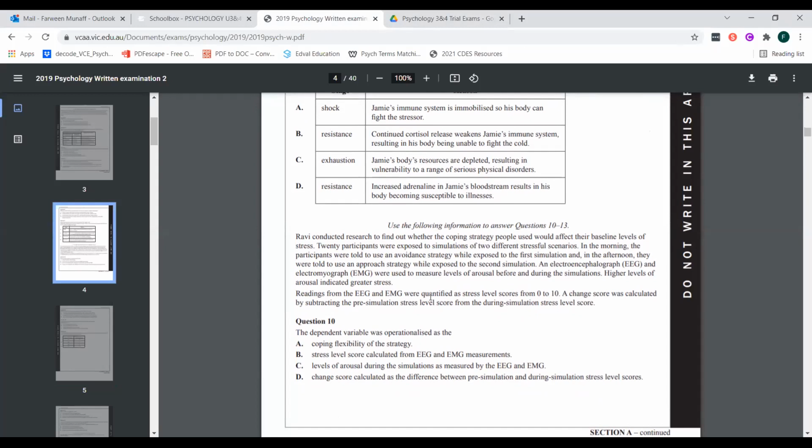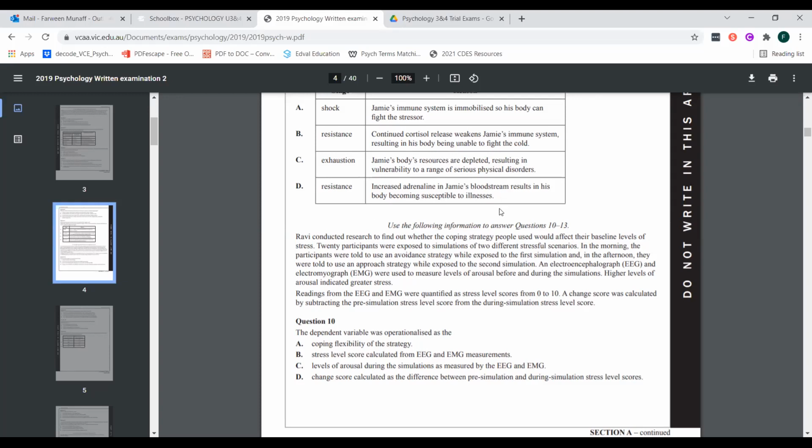An electroencephalograph and electromyograph were used to measure levels of arousal before and during the simulations; higher levels of arousal indicated greater stress. Readings from the EEG and EMG were quantified as stress level scores from 0 to 10. A change score was calculated by subtracting the pre-simulation stress level from the during simulation stress level.